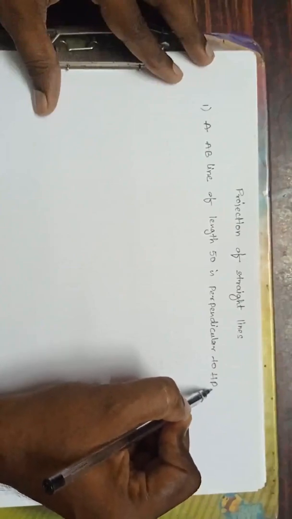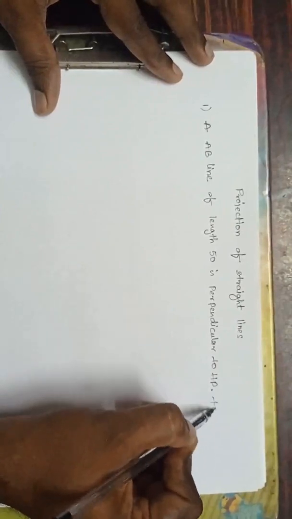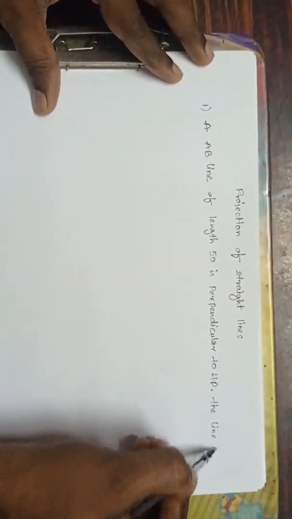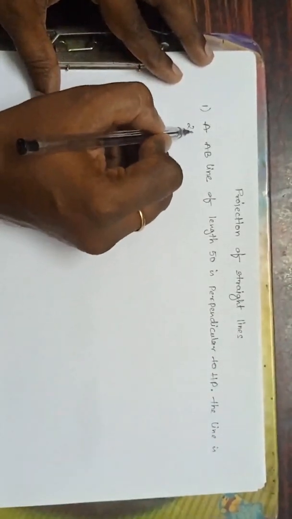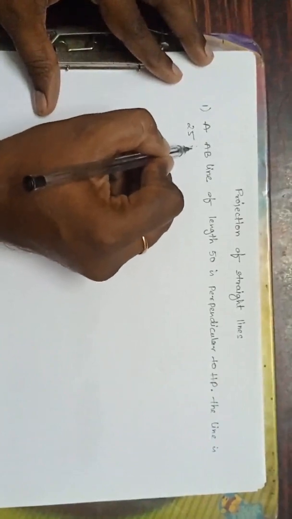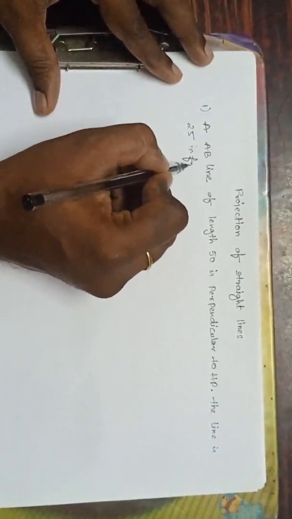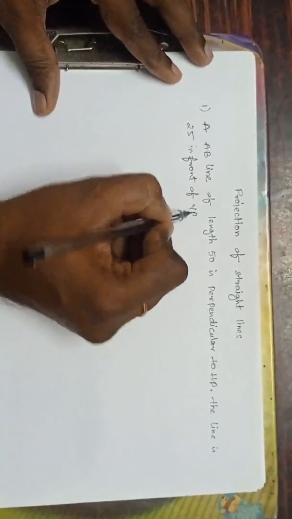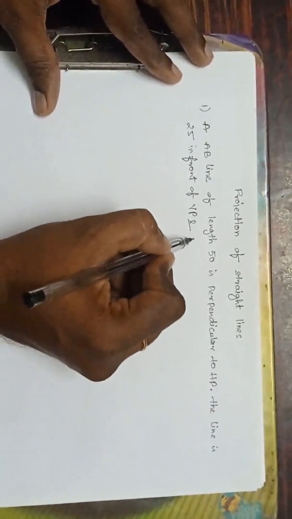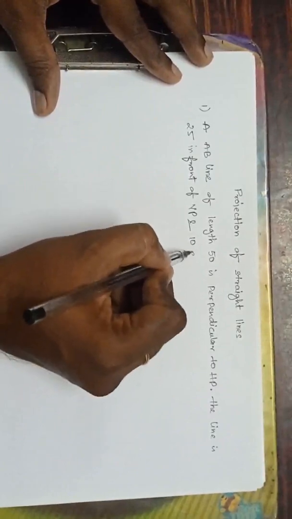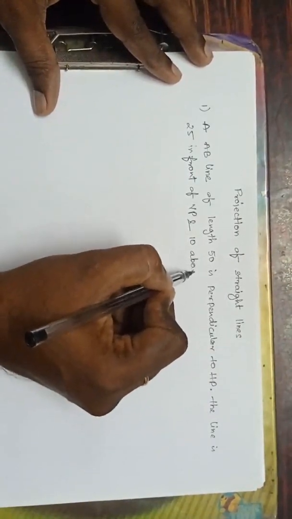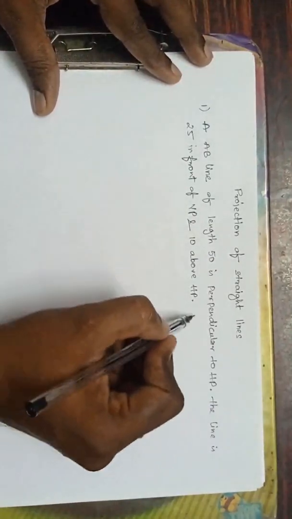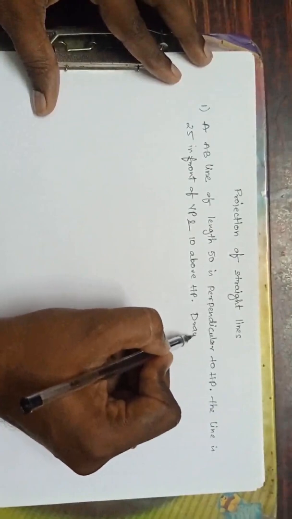The line is 25 in front of VP and 10 above HP. Draw its projections.